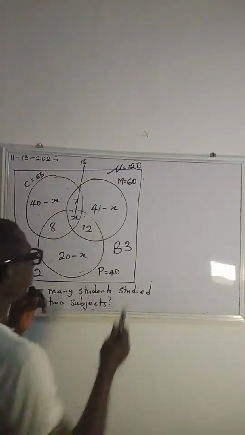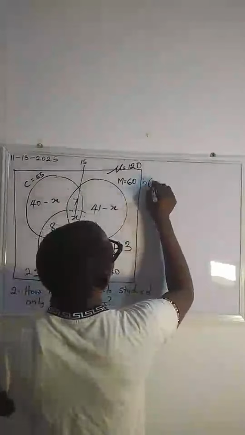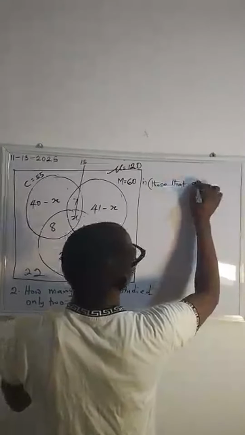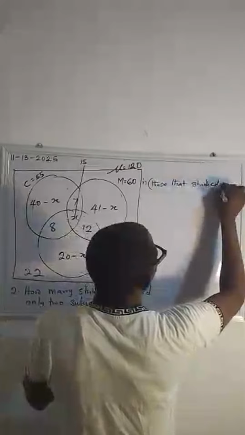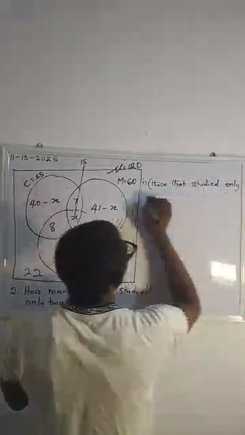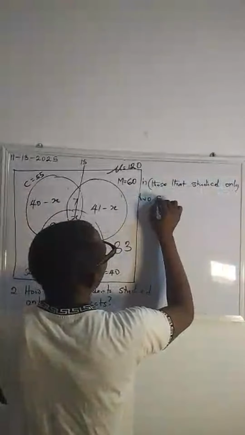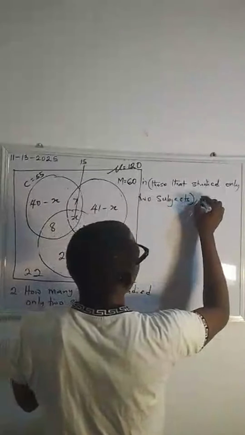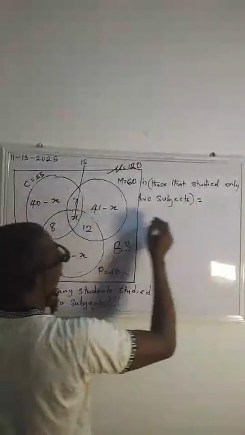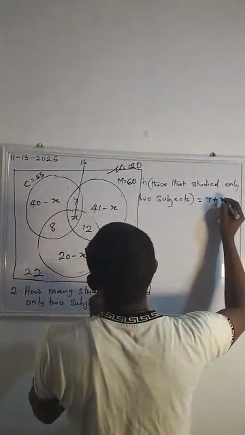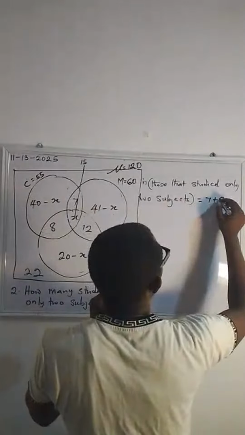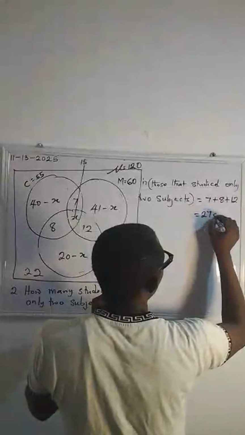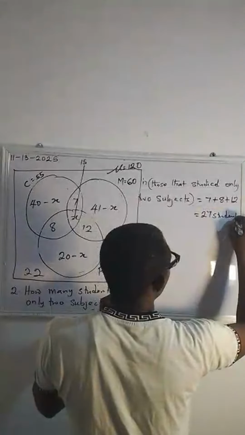So now the number of those that studied only 2 subjects will be 7 plus 8 plus 12, and that is going to give us 27 students.